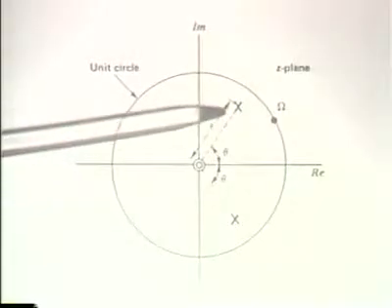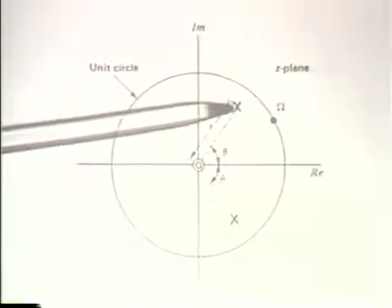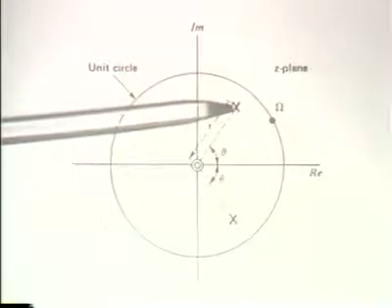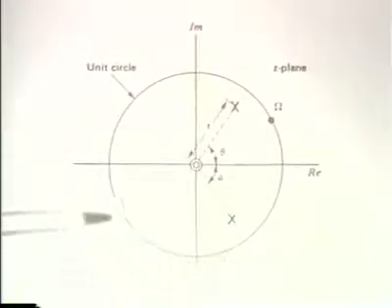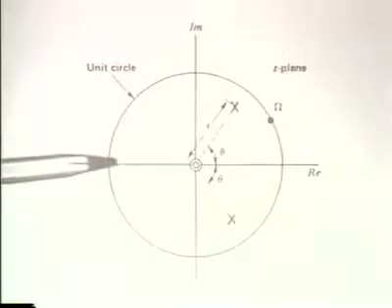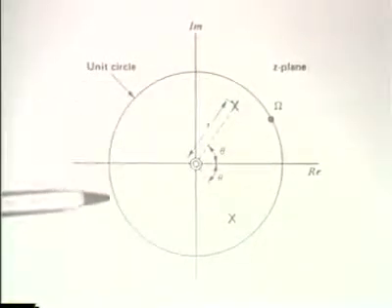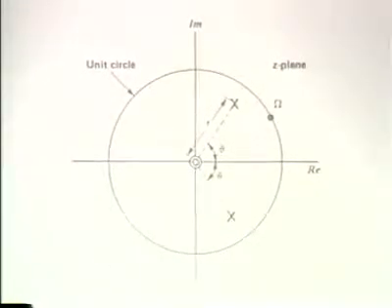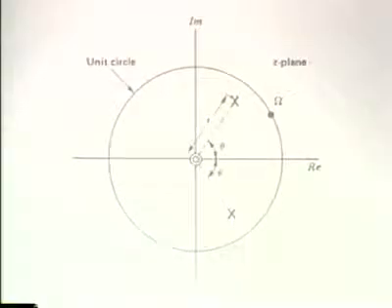Now if we assume that the system was causal, that means that the region of convergence is outside these poles, and that would then include the unit circle, which means that the system is also stable. And in fact, as long as the region of convergence includes the unit circle, we can also talk about the frequency response of the system.